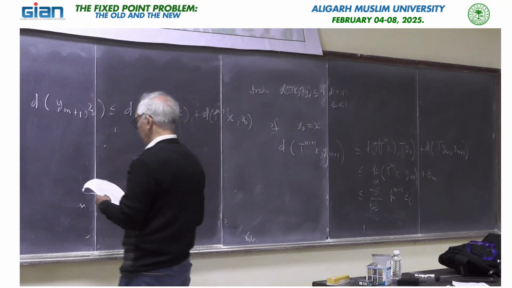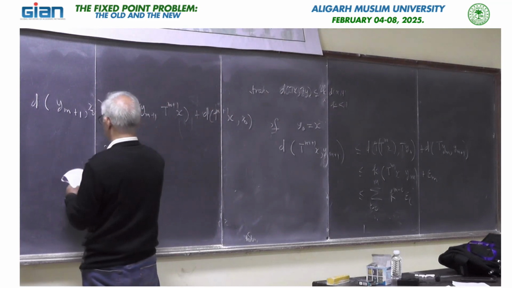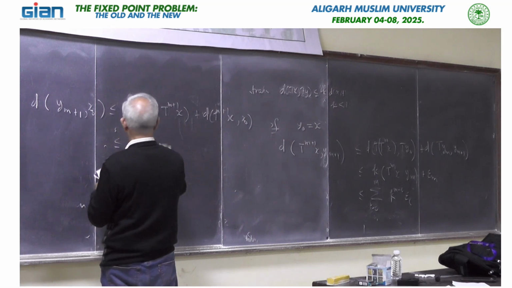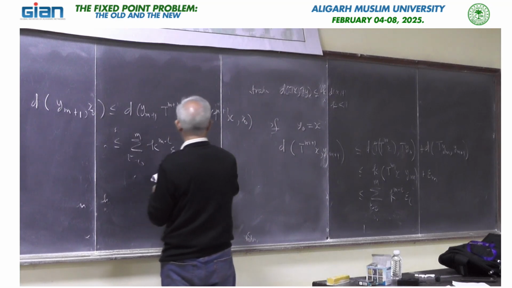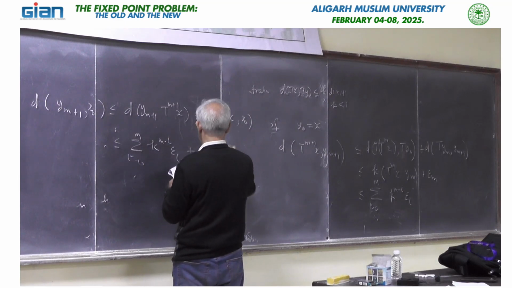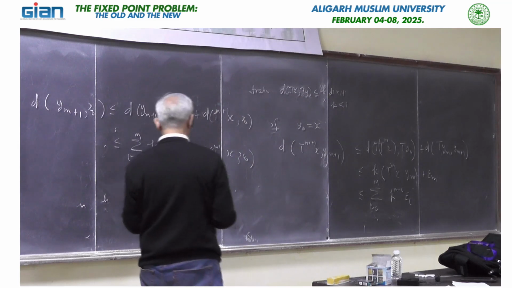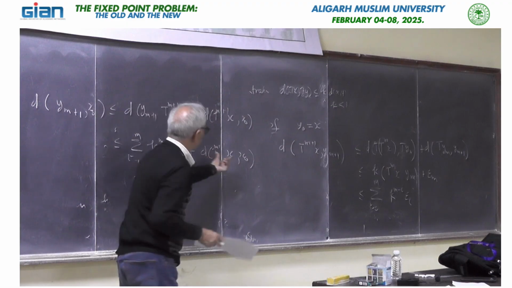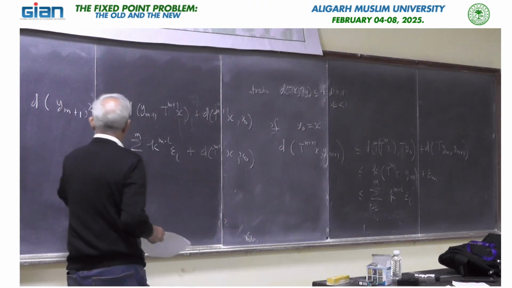And so this part by our earlier result is less than or equal to the summation i equal to 0 to m of k^{m-i} epsilon_i, plus d of T^{m+1} x and x0. Now this goes to 0, so we don't need to bother about this. Let's look at this one.